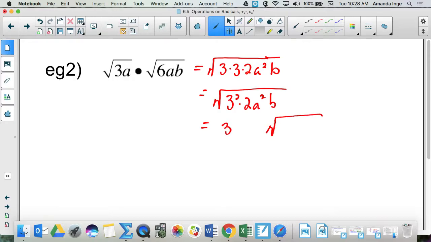I don't know the square root of 2. The index divided into the exponent goes once, with none left over. And I don't know the square root of b. Well, in simplest form, this is 3a times the square root of 2b. So 3a times the square root of 2b.